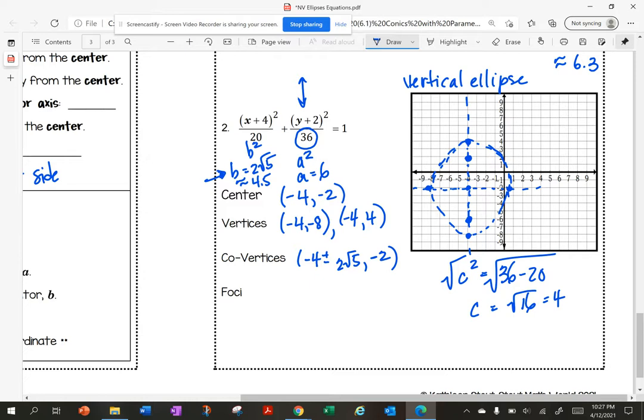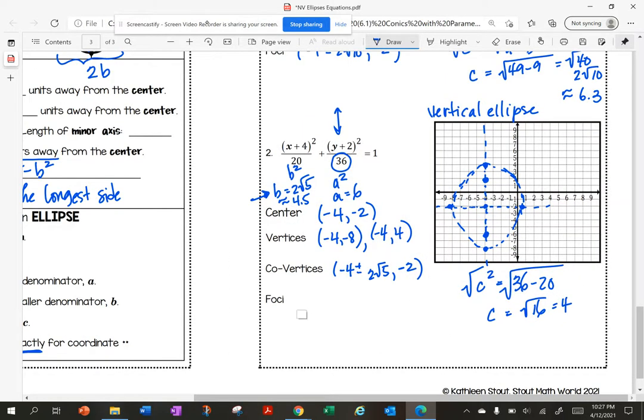So my foci are at -4, -6, and -4, 2. So I can sketch in if I want to have an idea what my triangle is.